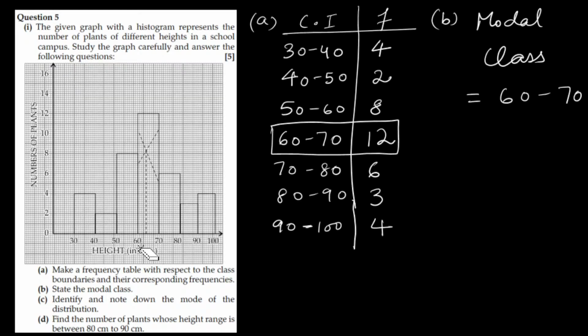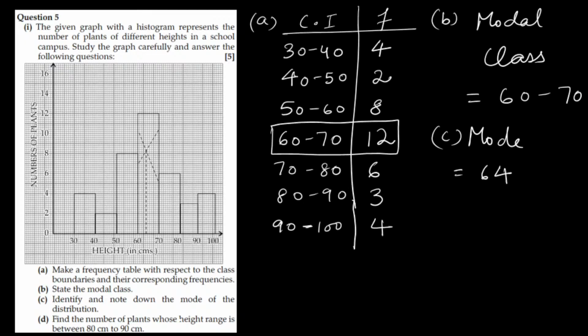So here if I say it is 61, because they have already drawn it. So it is on the fourth division. So on the fourth division, if we see, mode is equal to 64. Mode is equal to 64.